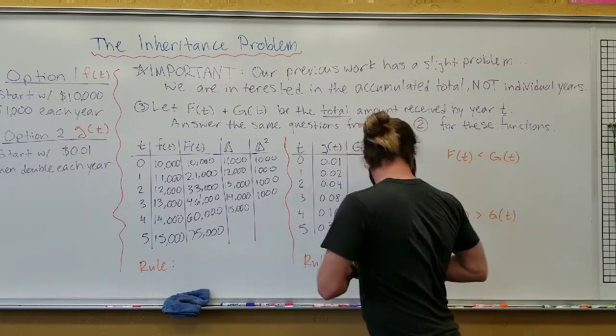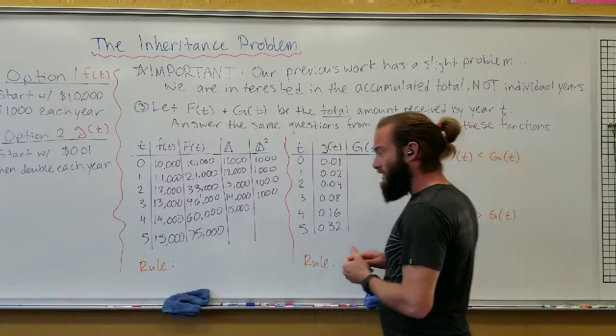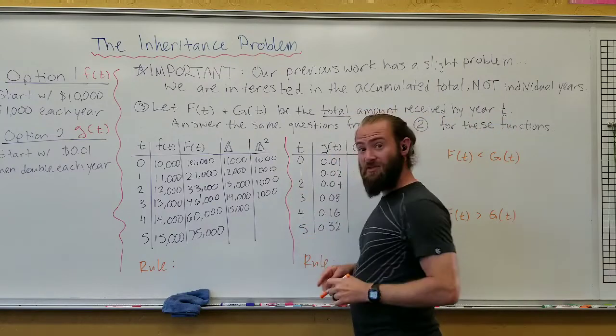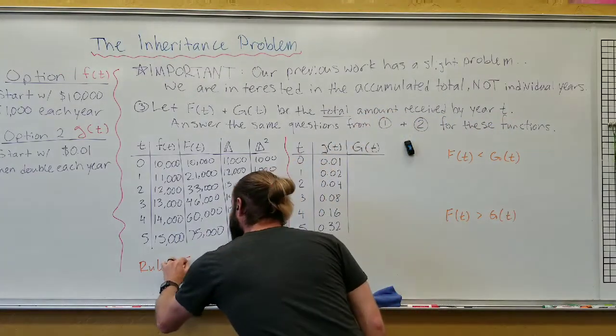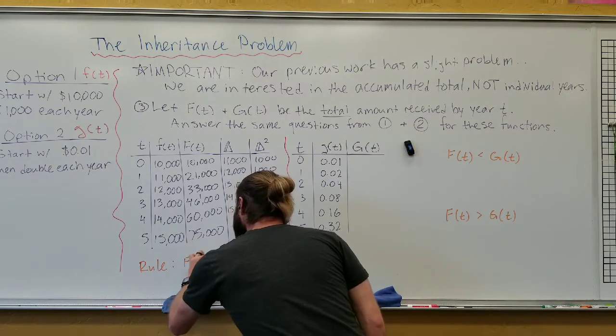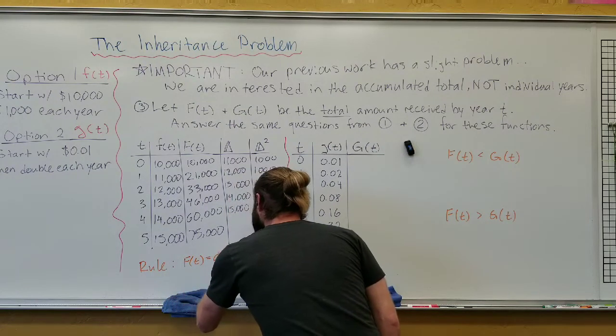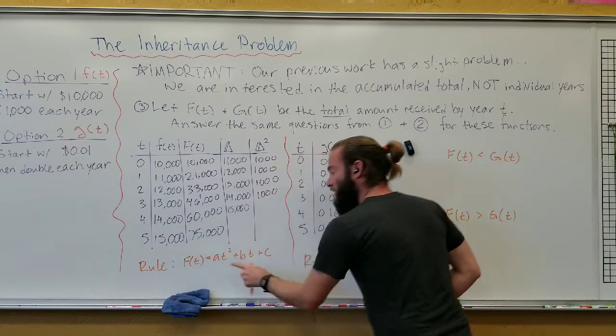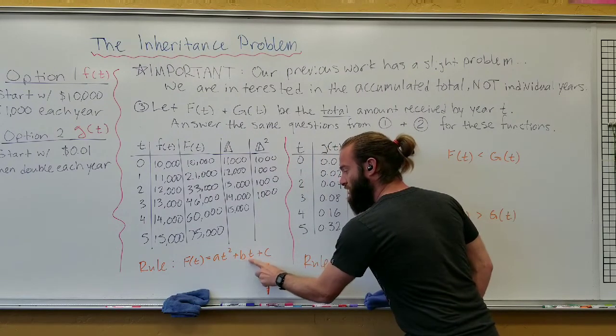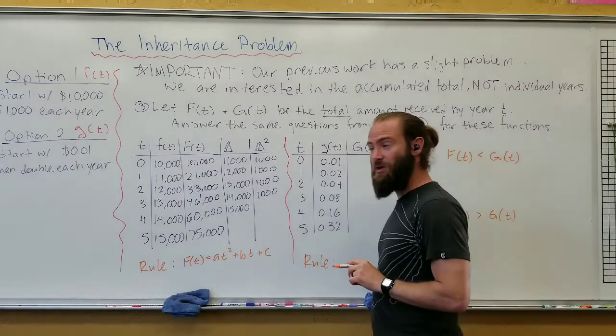So let's remind ourselves what we've done in the past for making a rule. Since the second differences are constant, we know that f of t is going to be a quadratic, at squared plus bt plus c. Okay?